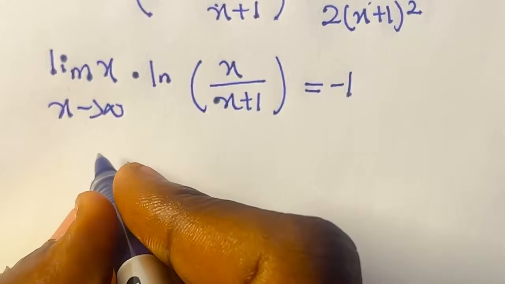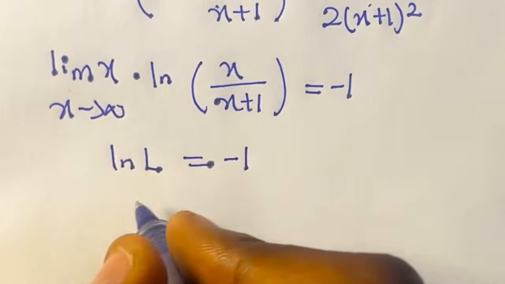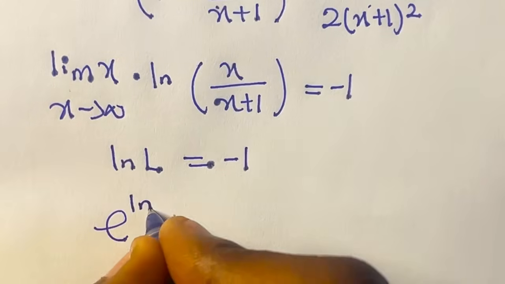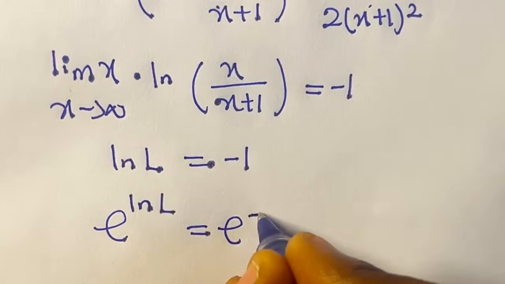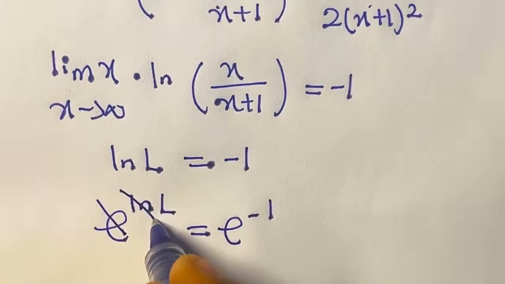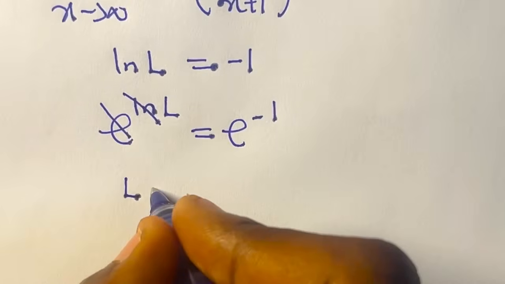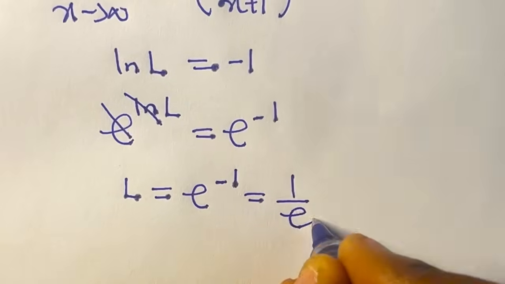Therefore we have ln L equals minus 1, and this could be expressed as L equals exponential of minus 1, so the exponential will cancel out the ln. We have our L to be e to the power minus 1, which is 1 divided by e.